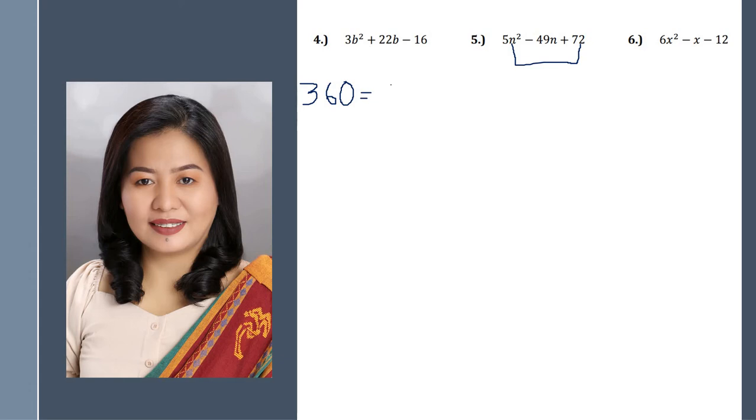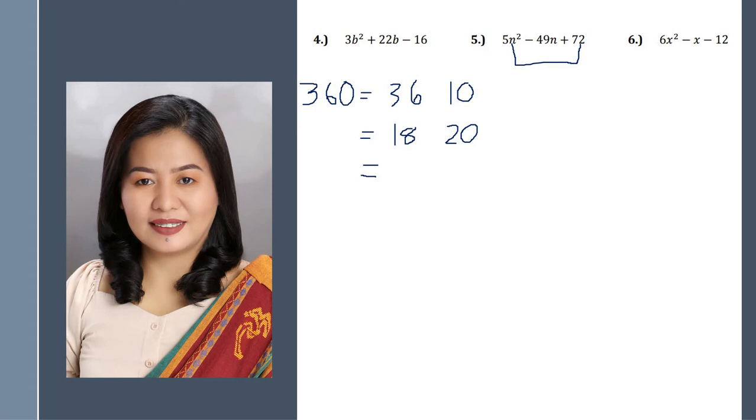And we have 36 and 10. 36 and 10 will not give us 40. So let's try 18 and 20. 18 and 20 is 360, but it will not give us 49. It's 48.